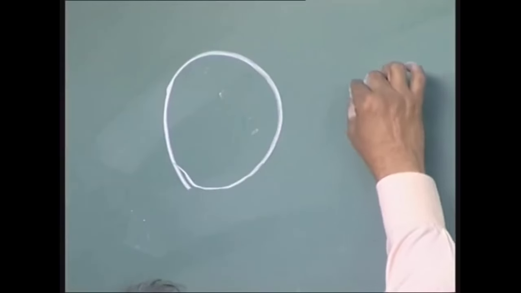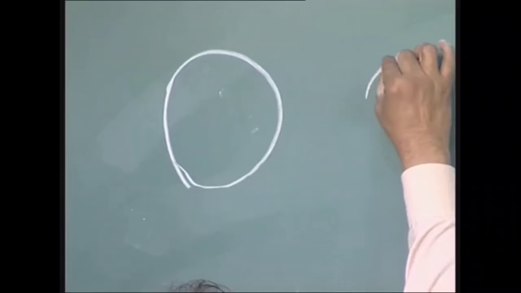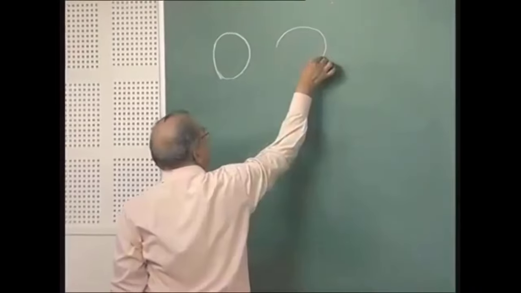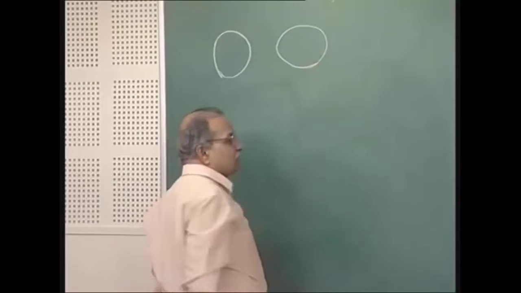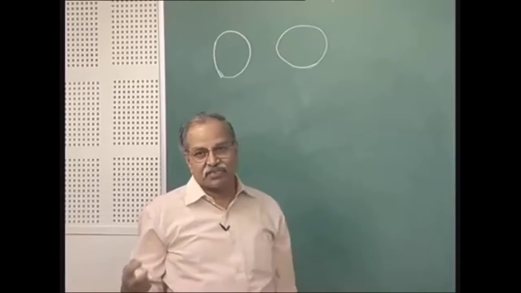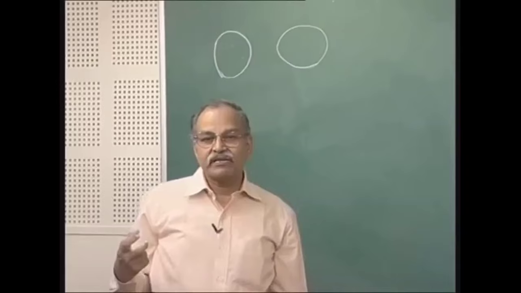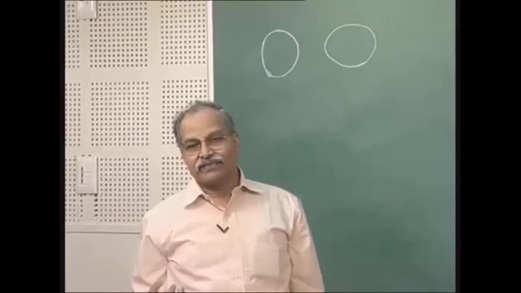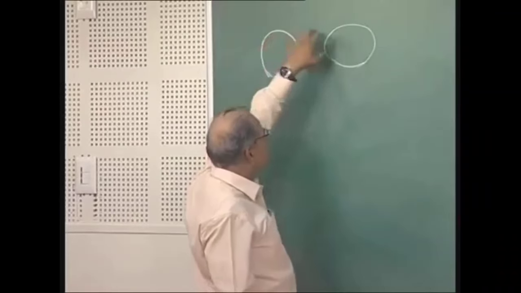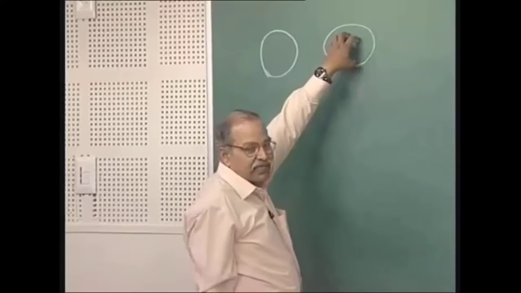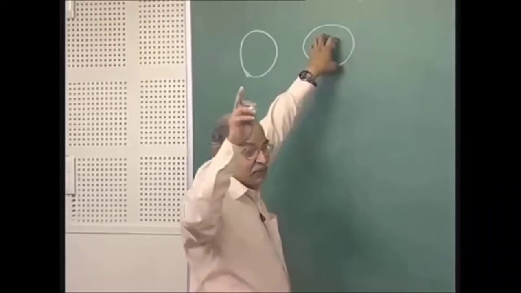So, this will become something like an ellipsoid of the same volume, because the nucleus is incompressible. The nuclear volume density is fixed and remains the same. So, the same volume is now in this shape, and then it has to split.